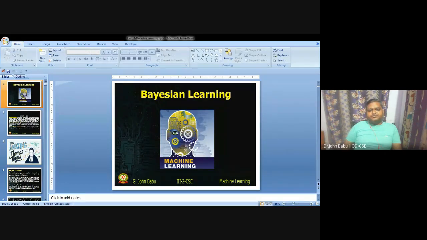And the first one is Bayesian learning. As a part of that, we are going to see Bayes' theorem and how we can apply this for a classification or a learning problem, and how we can design a classifier using Bayes' theorem.